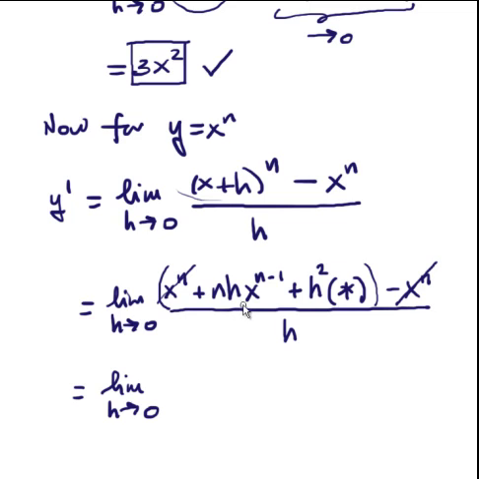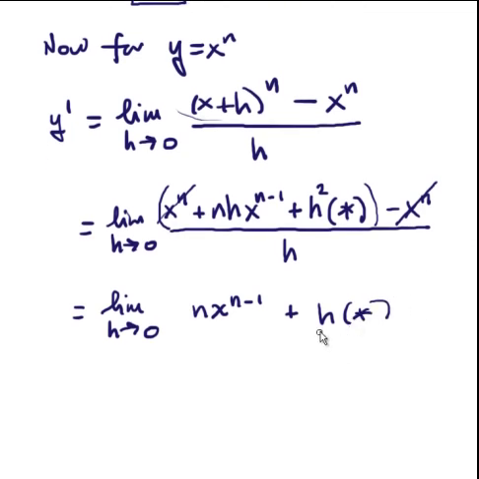Okay, so here, dividing by h, we have n x to the n minus 1 plus h times the rest. And now we're ready to take the limit as h goes to 0. So this is going to go to 0 because of that little h in front, and we're left with n x to the n minus 1.